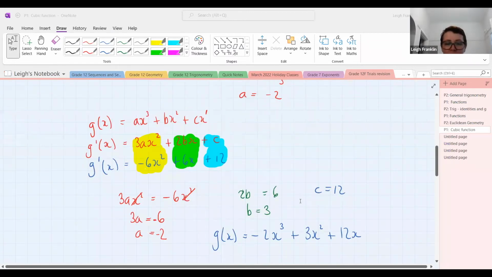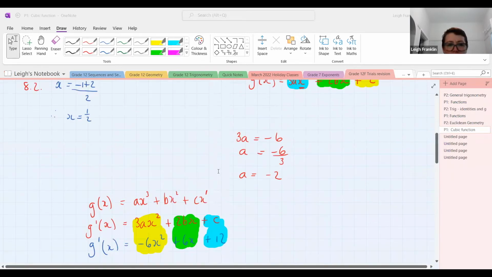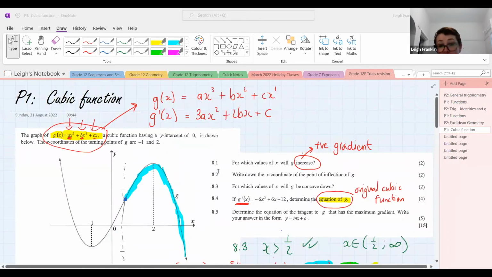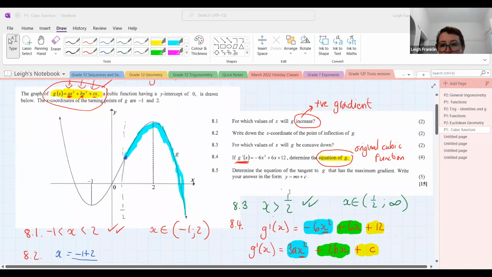Without the values of A, B, and C, I suppose you could take out a highest common factor, but that's not going to help you. I don't know any other way of being able to answer this question myself. But okay, you used G prime. I used G prime too and went back. Okay, all right. Well, maybe it's the same thing. Okay. All right, good job.